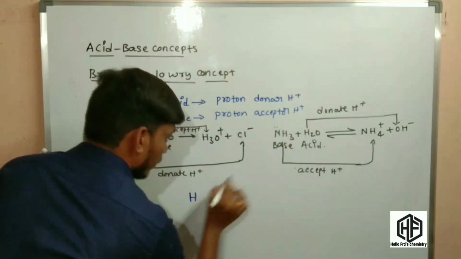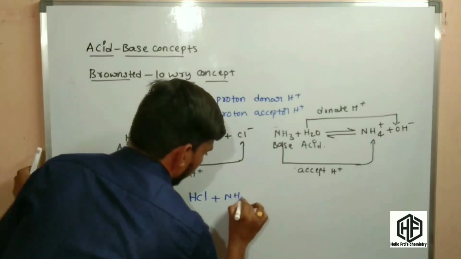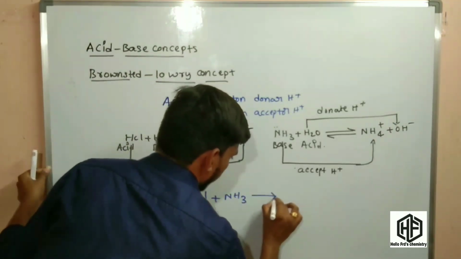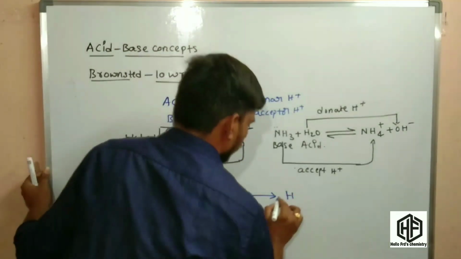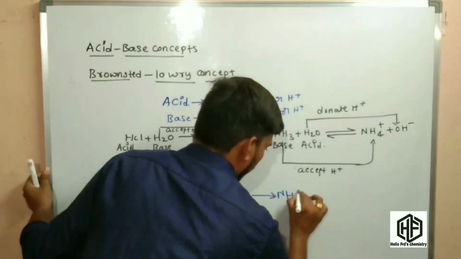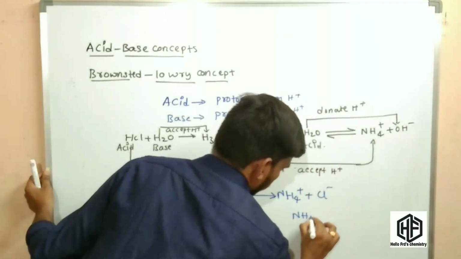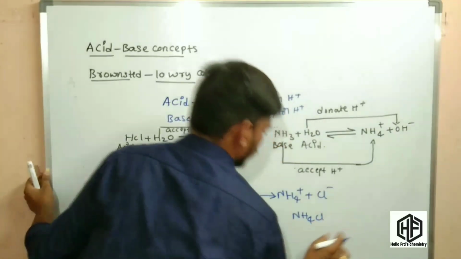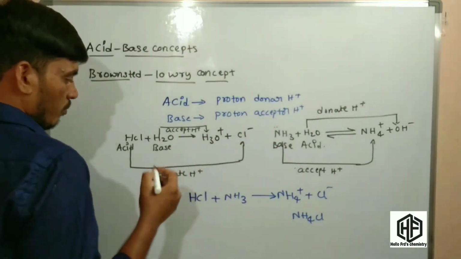Now one more example, HCl plus NH3 gives NH4 plus Cl minus, which is called a salt, NH4Cl. Now in this example, what is the acid and what is the base?